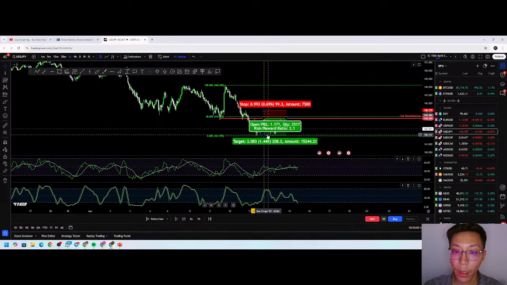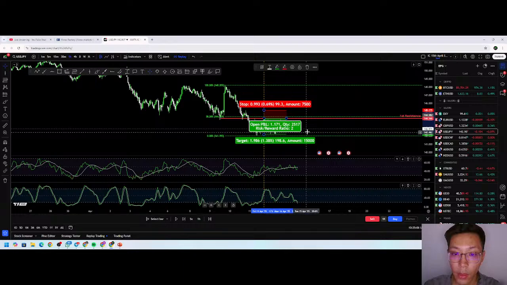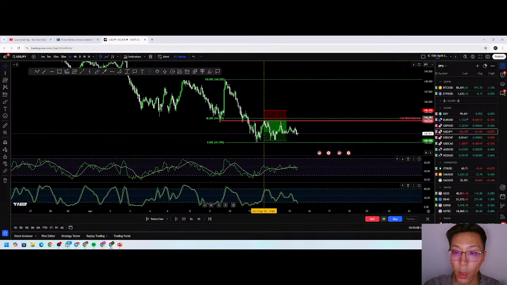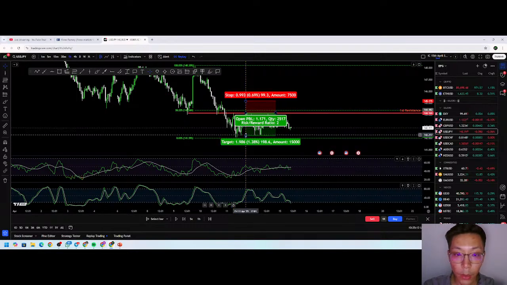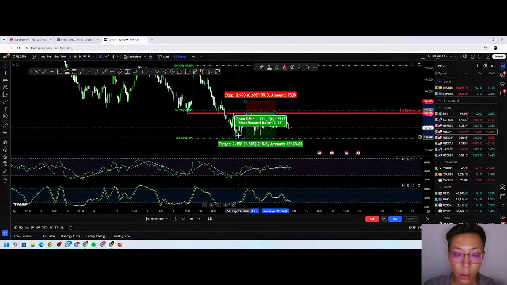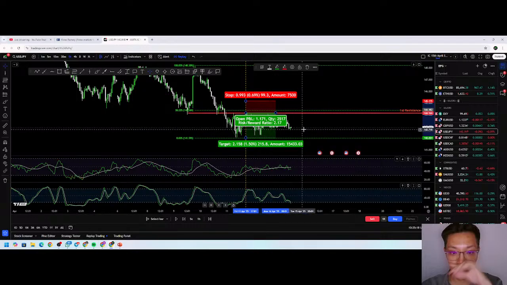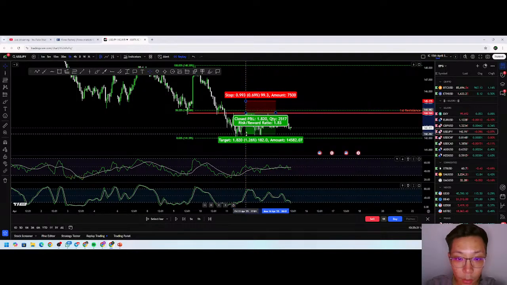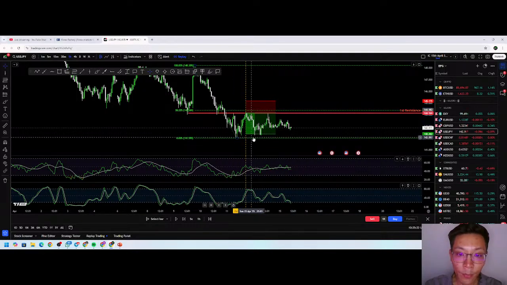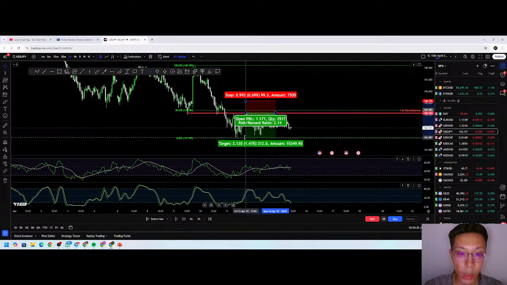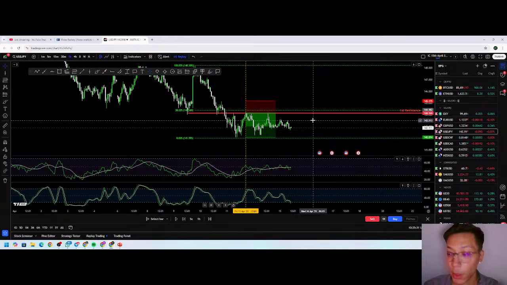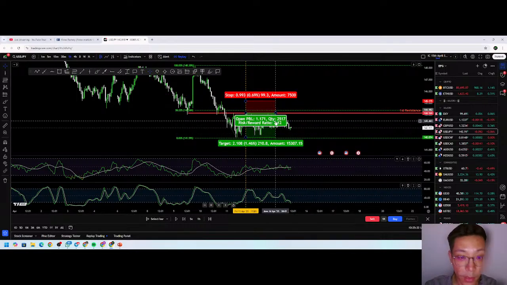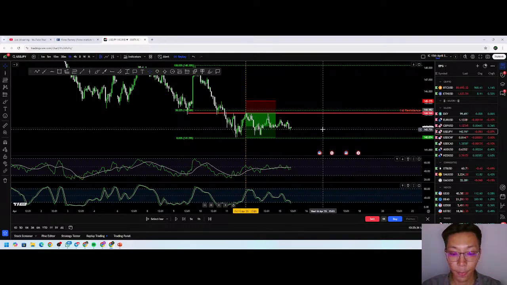Or if you want to standardize, aiming for 1:2, you would have definitely hit your take profit. But if you aim for all the way here, 1:2.17, I would suggest to aim for the body of the candle, because sometimes if you aim at the wick of the candle, you wouldn't be able to hit your TP, and then price will start to reverse all the way back up to your entry. I hope that answers your question.